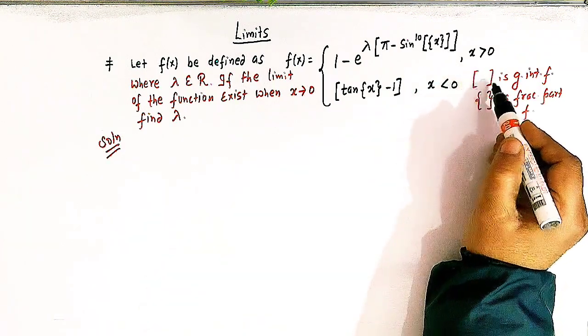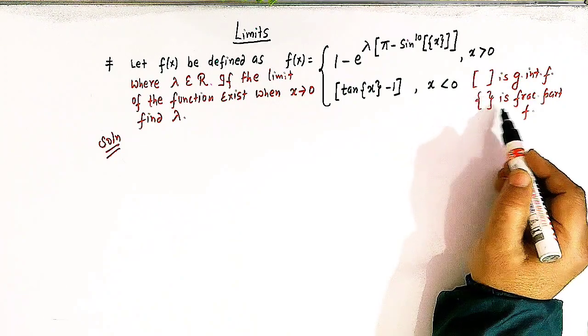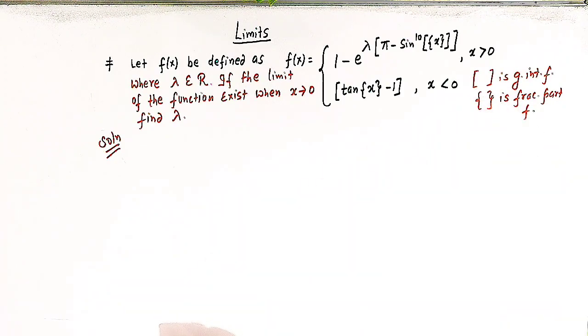And here the square brackets denote the greatest integer function, and the curly brackets denote the fractional part function. So to solve these types of problems, we need to use the concept of greatest integer function and fractional part function. So we'll make use of the definition of greatest integer function and fractional part function, right?